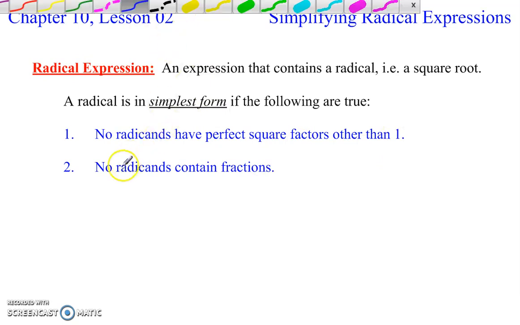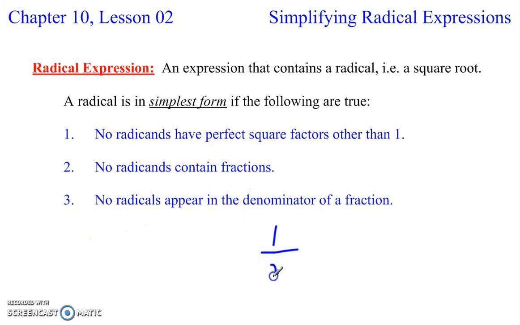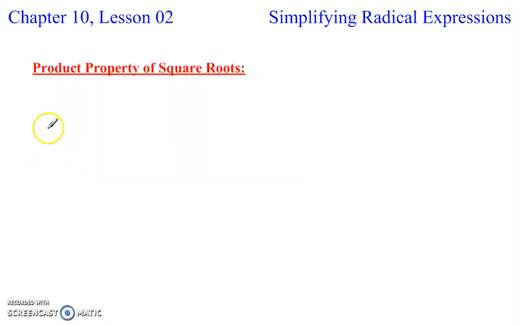And next, no radicals appear in the denominator of a fraction, so you can't have this. No good. That is not in simplest form. So no fractions under the radical sign, no fractions in the denominator, and no perfect square factors other than 1.